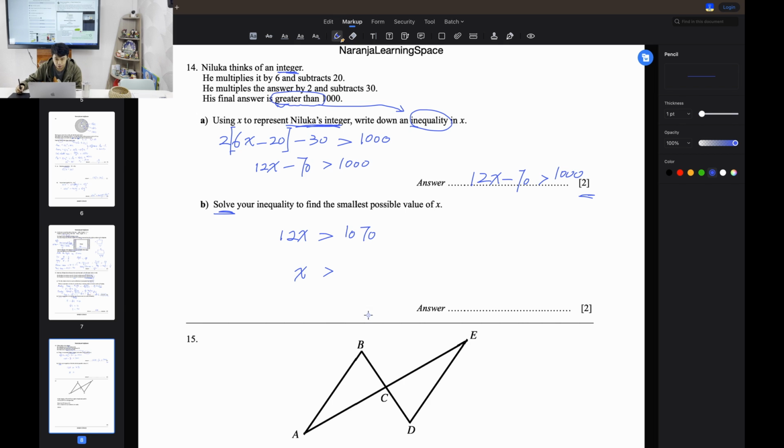That gives us 89.166 dot dot dot. So the smallest possible value of x is 90. Why? Because x is an integer.